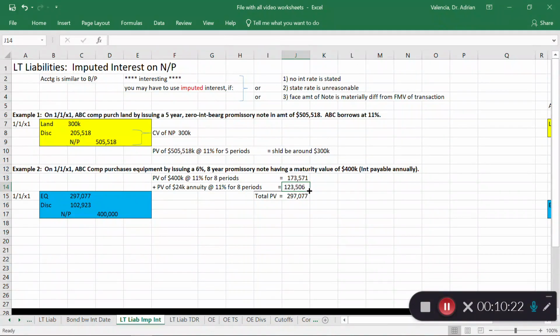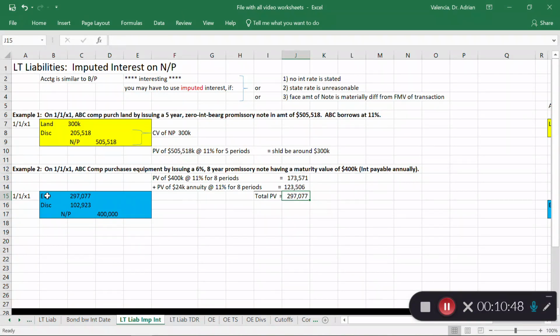That's 123. So what this says is I'm buying this equipment with a promissory note of $400,000 and interest payments, and the worth of this exchange right now is $297,000 roughly.